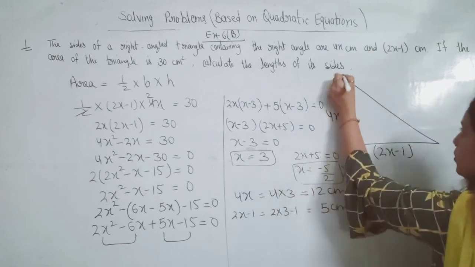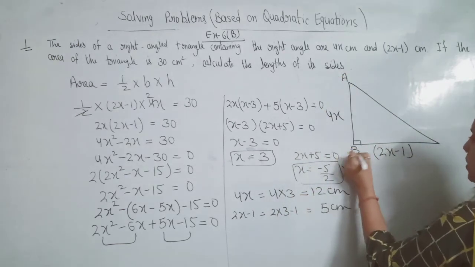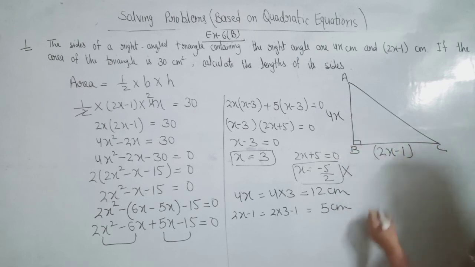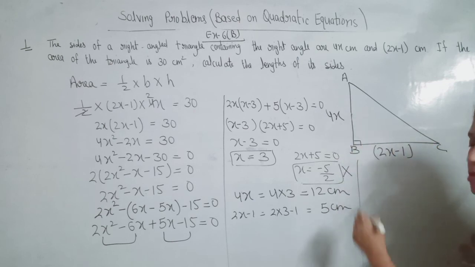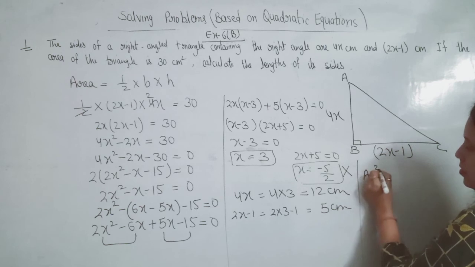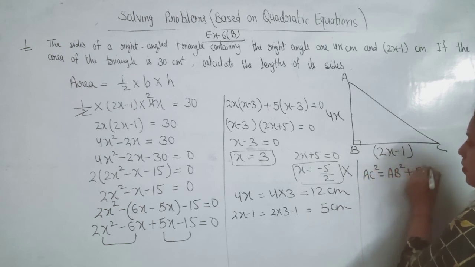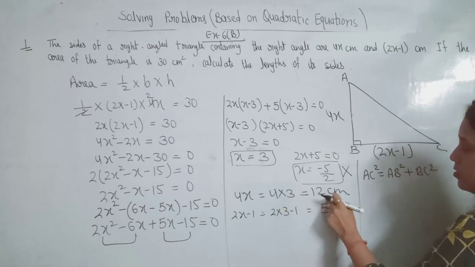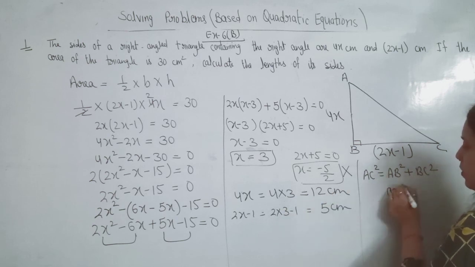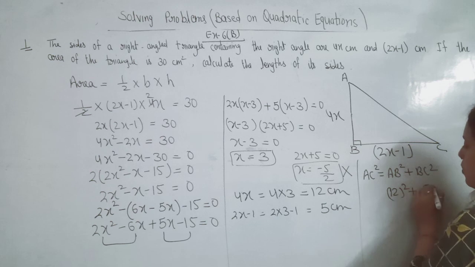And when we talk about the hypotenuse, ABC, AC² is equal to AB² plus BC². AB is 12, 12² plus 5².